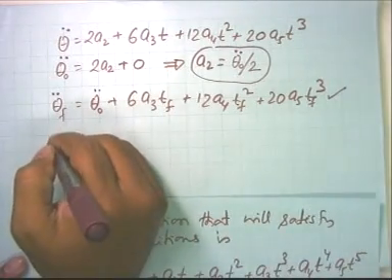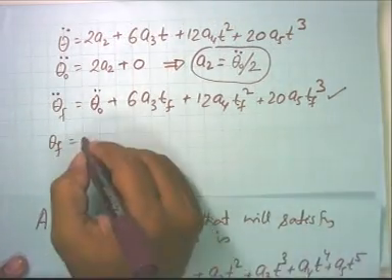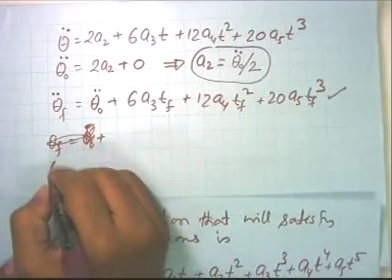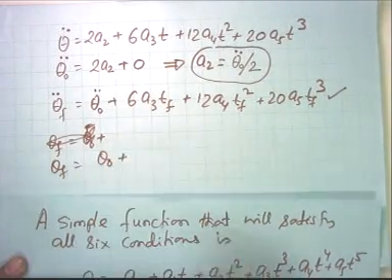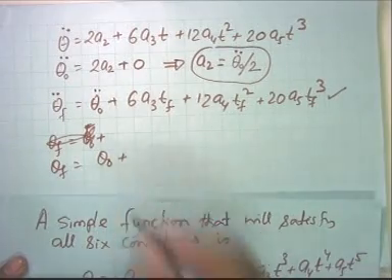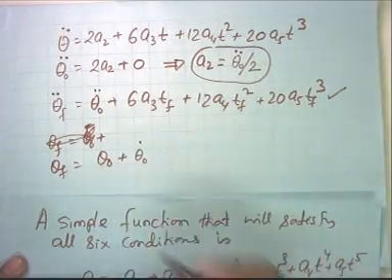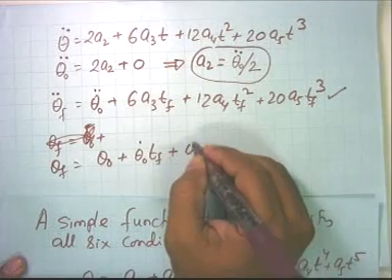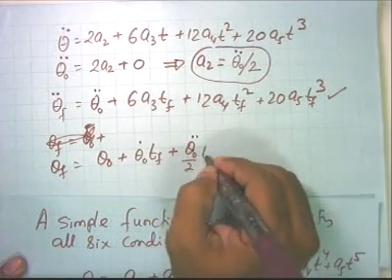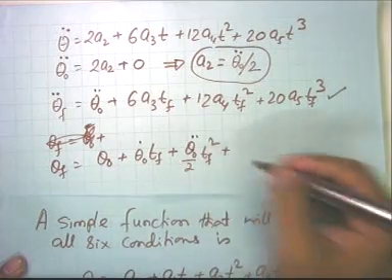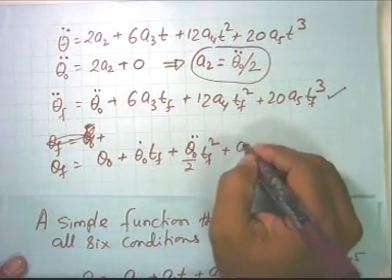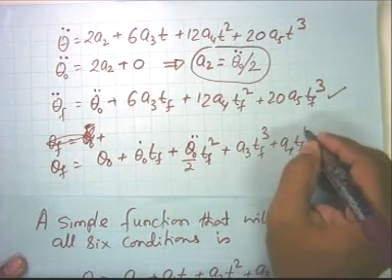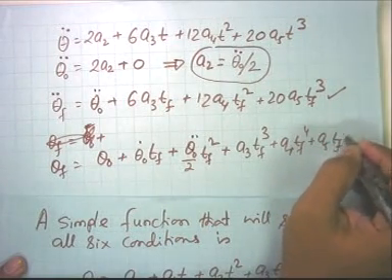So, theta f is equal to theta 0 plus A1, which is calculated as theta 0 dot, into Tf, and A2 is calculated as theta 0 double dot by 2 Tf square, plus A3 Tf cube plus A4 Tf4 plus A5 Tf5.